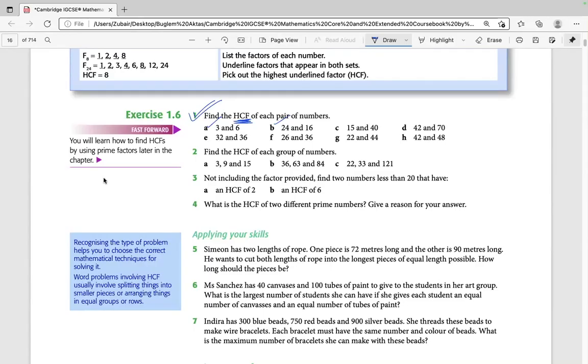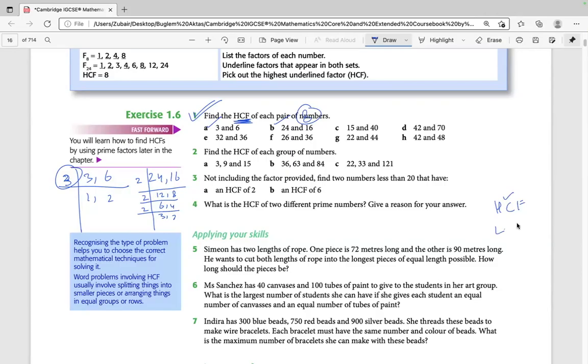Can you quickly do them? 3 for A. Correct for A. And for B, 8. Very good. So we are clear on HCF.